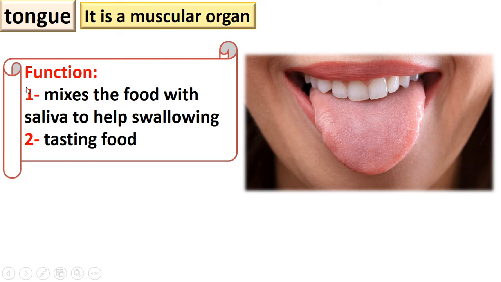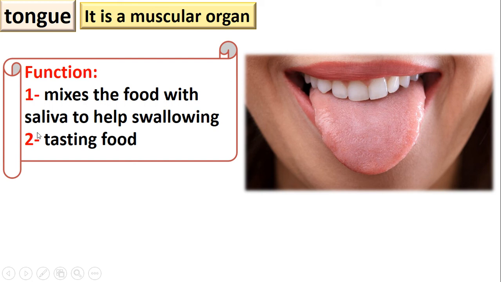And what is the function of the tongue? Number 1, it mixes the food with the saliva. Do you remember the saliva? Yes, it is secreted from the salivary glands in your mouth. So the function of the tongue is to mix the food with the saliva, which is produced by the salivary glands, and help in swallowing the food.